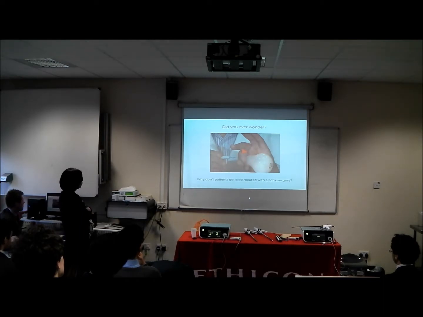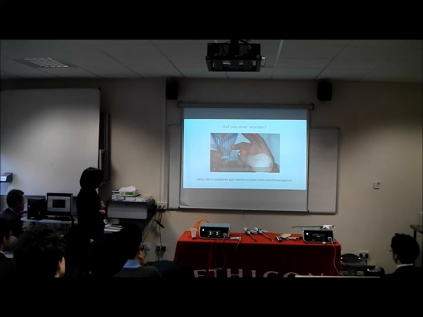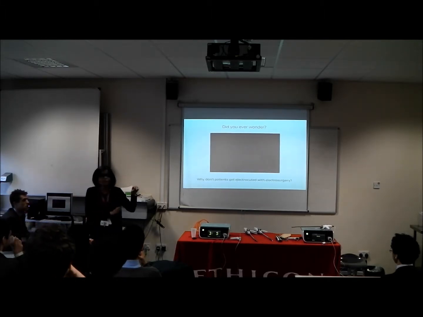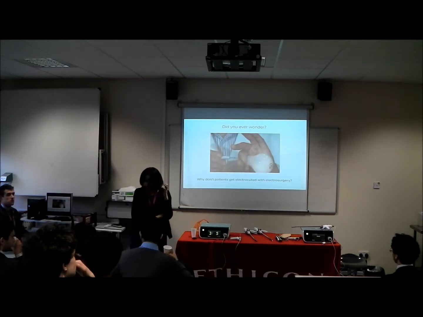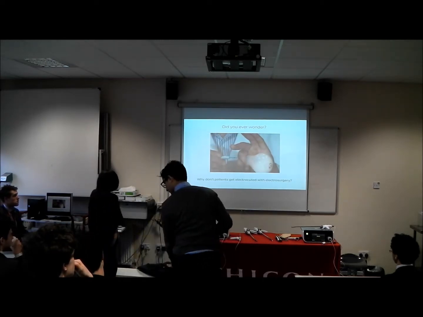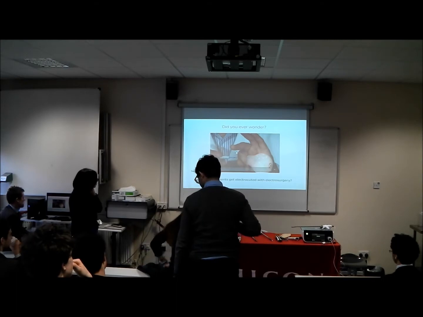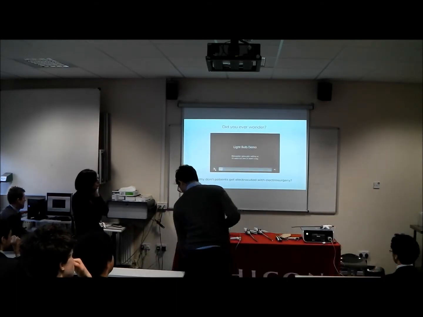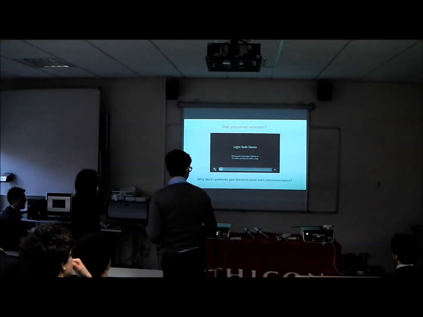Okay, so this, you'll have to play this, Chris, please. What this is going to demonstrate in front of you is, can I dim the lights a little bit? That's fine.